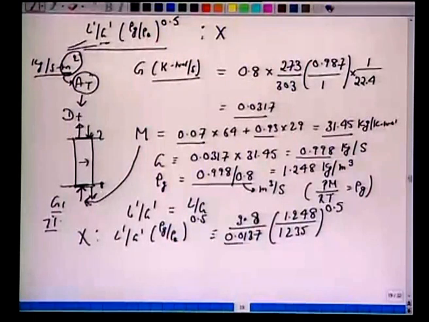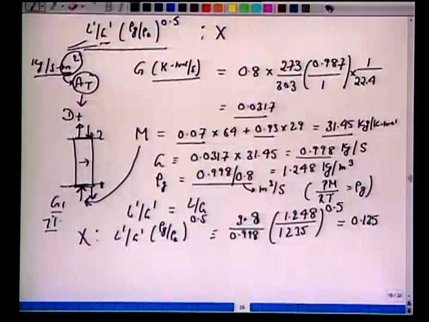Okay, and this is what we just now calculated for G, 0.0137. So this is 31.45, 0.0317, that's a kilomole per second. Okay, so we need to replace this with 3.8 divided by 0.998. So we have these corrections here. L prime 3.8 and 0.998, and if we do this, we have this quantity 0.125.